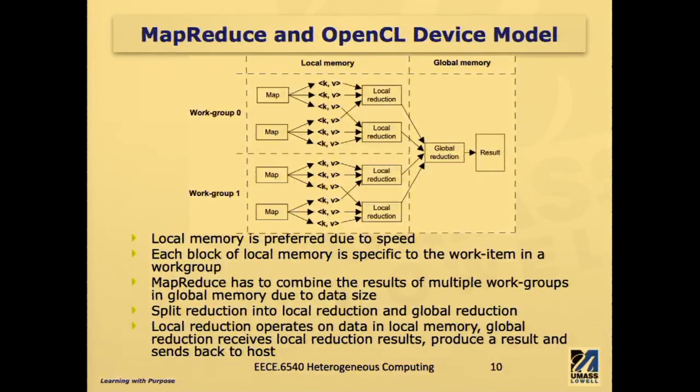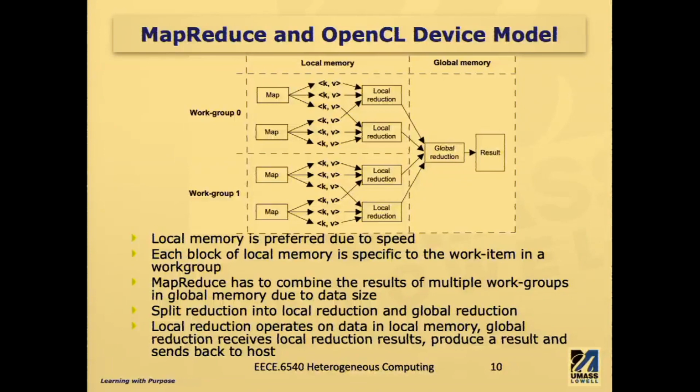And that's why you see in this diagram, we show how we organize the work groups. So we have work group 0, work group 1, and in each work group we have work items to perform some operation. So you can think about what's going to happen: this part here is going to happen on work item 0 within work group 0. This is going to happen on work item 1 within work group 0.